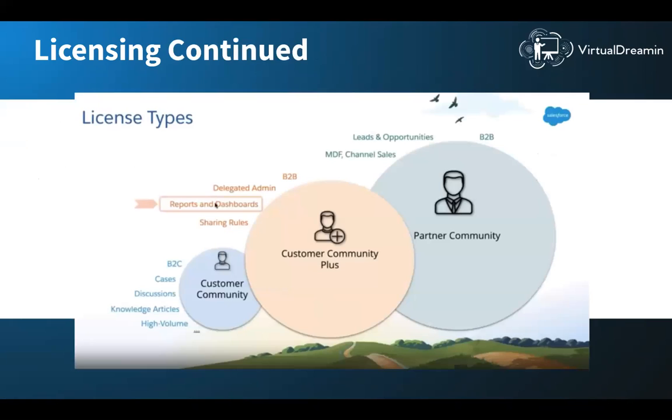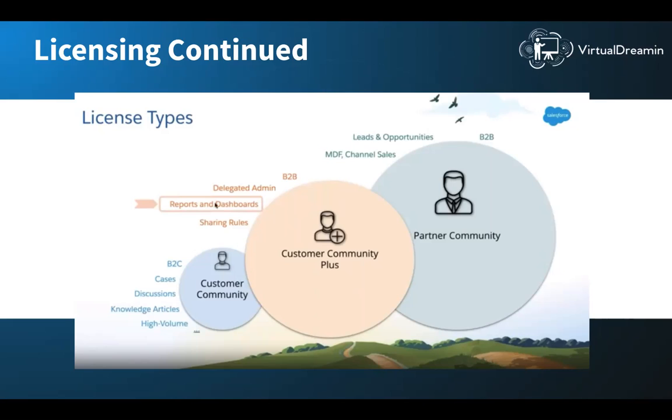So this diagram here just highlights some of those items that we were just talking about. You'll notice your knowledge articles, cases, and high volume is with Customer Community. You get reports, dashboards, delegated admin, and sharing rules when you go to Customer Community Plus. And then MDF is market development funds, which is the ability to manage the marketing budget funds that you give out to your partners within Salesforce.